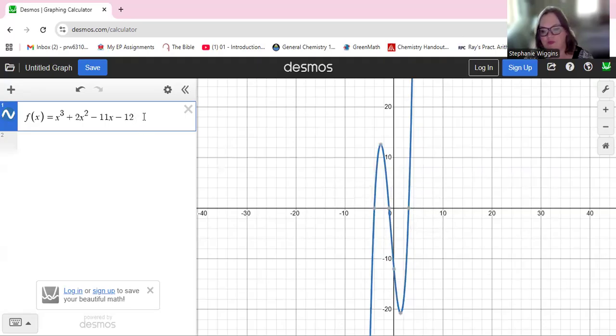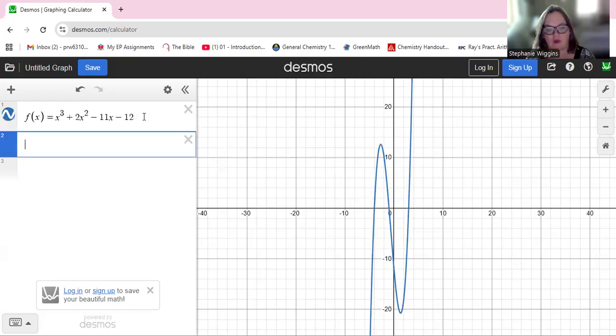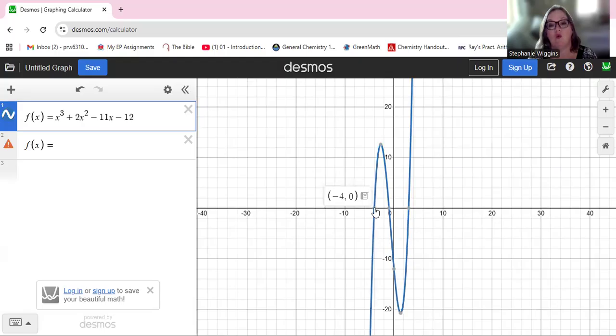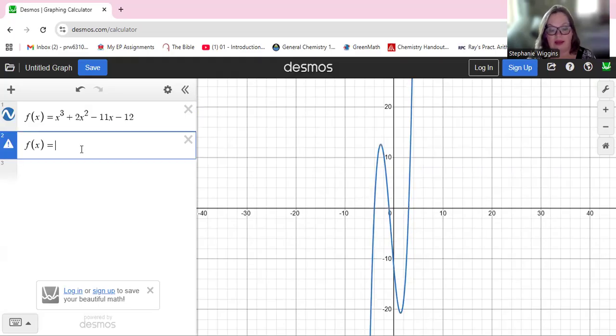Since -4 was an x-intercept, I know that x plus 4 is a factor. So I'm going to go ahead and write that in, x plus 4.